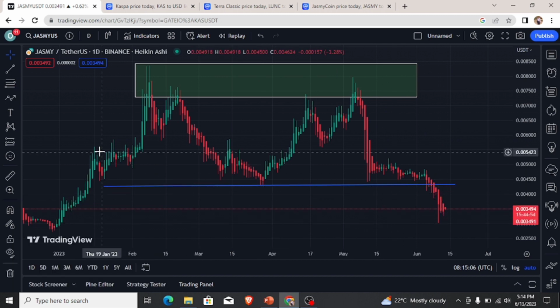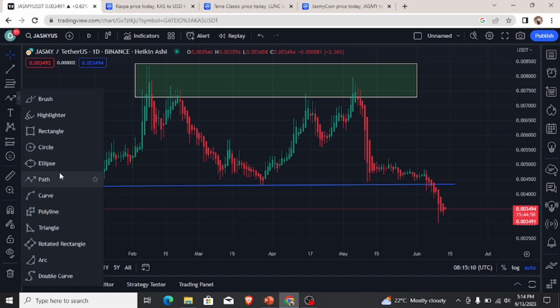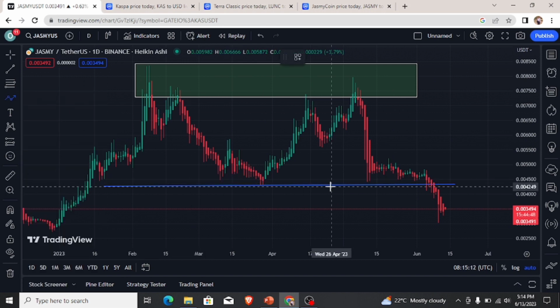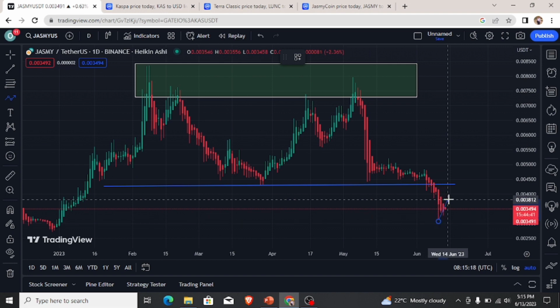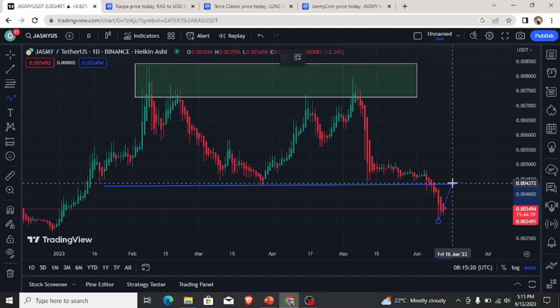So for example, from this point, this is the support right now. There would be an impulsive move from this point to the neckline, and then from the neckline there would be a reversal.